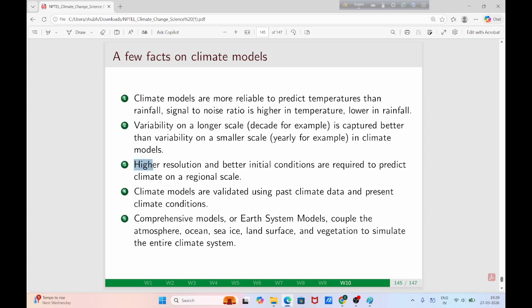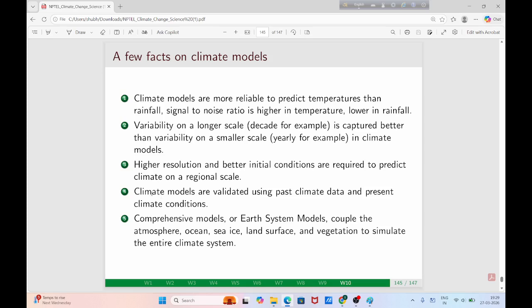And we have also discussed the challenges in the prediction at the regional scale. The challenge is the higher resolution. We don't have higher resolution data, and initial conditions are also not possible to consider beyond a certain estimation. So these are two things required to predict the climate on a regional scale.